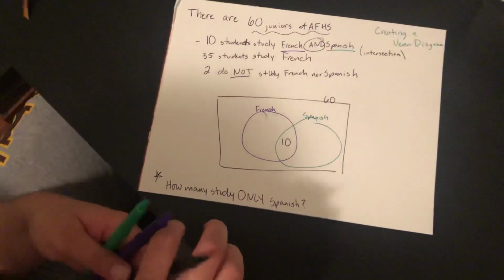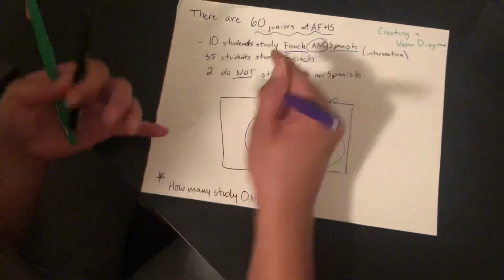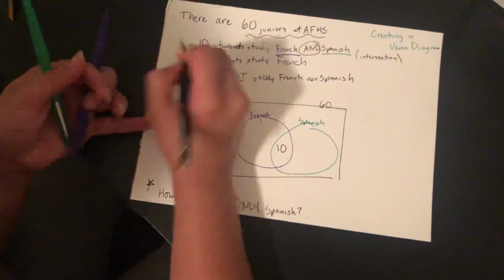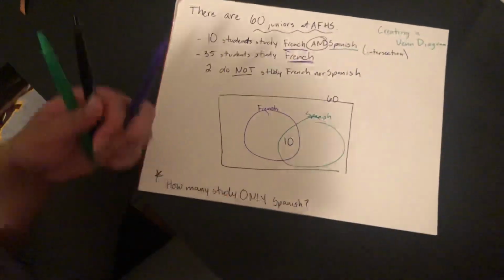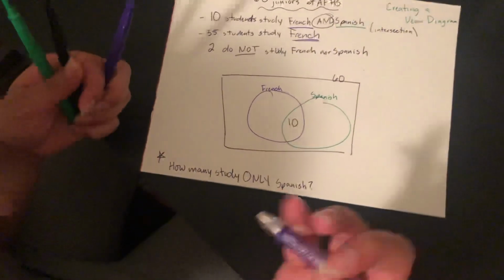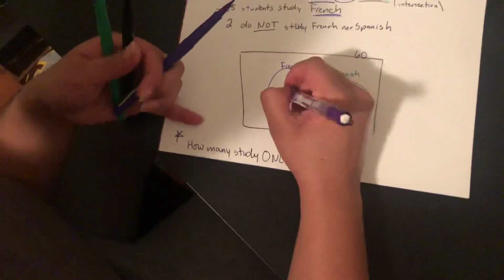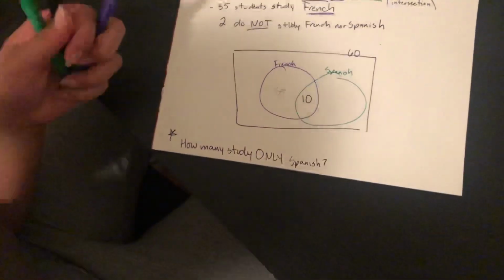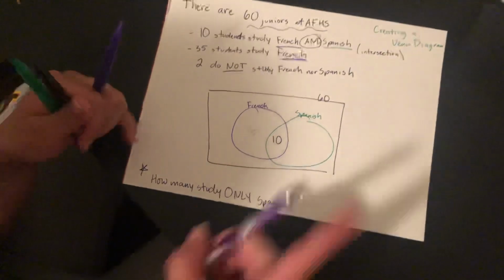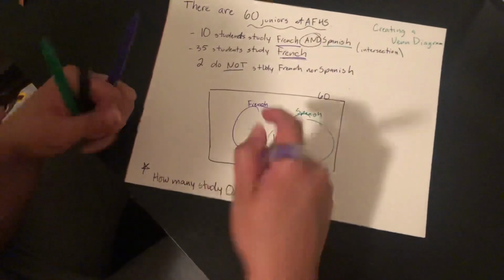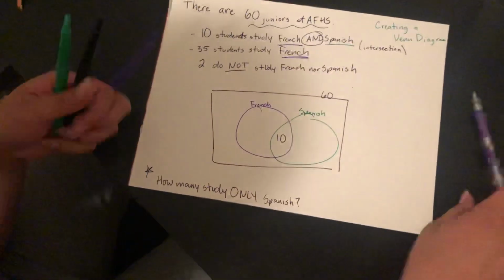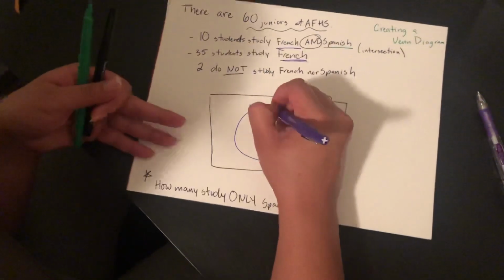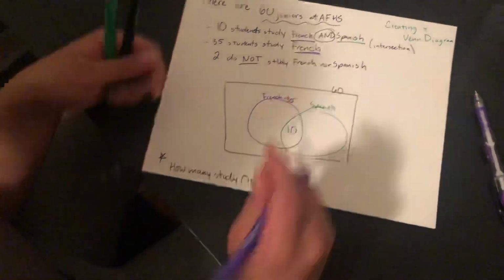All right. So then we're going down here and it says 35 students study French. The most common mistake that I saw you guys do is when you got to that, you put 35 right in the middle. The problem is this entire purple circle represents all of the students who study French, which means the 35 should actually go out here.